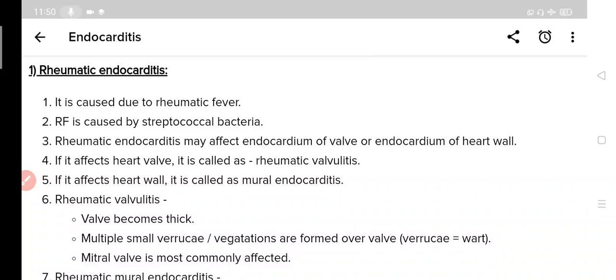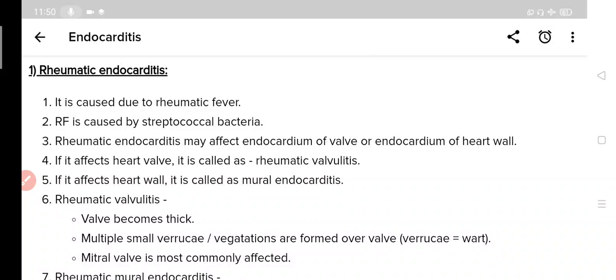If it affects the heart valve, it is called rheumatic valvulitis, and if it affects the heart wall, it is called mural endocarditis. Okay, clear? Remember these two names. Why mural? We have already seen in previous lectures that mural means wall.